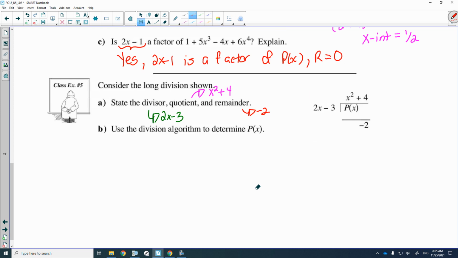Okay, so here's how we would do this. Write your long division statement using dq plus r, right? So based on this, even though we don't know what this polynomial is, we could figure it out, but it's going to be dq plus r. So here's my divisor. Here's my quotient.